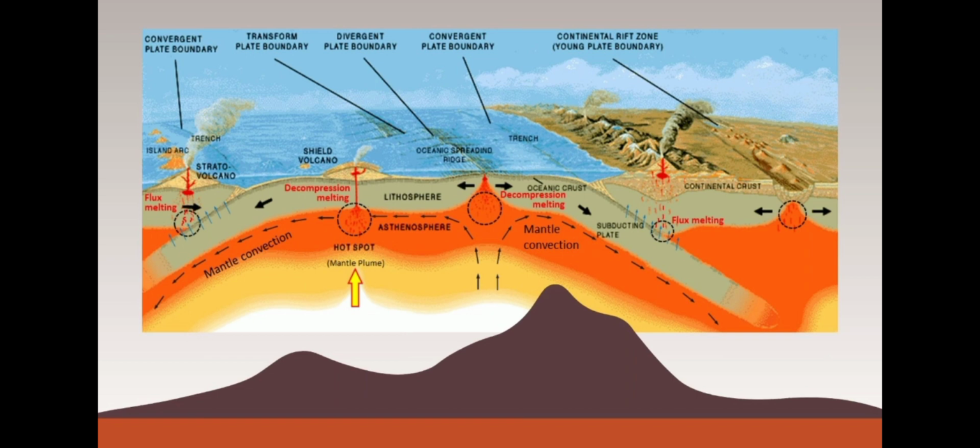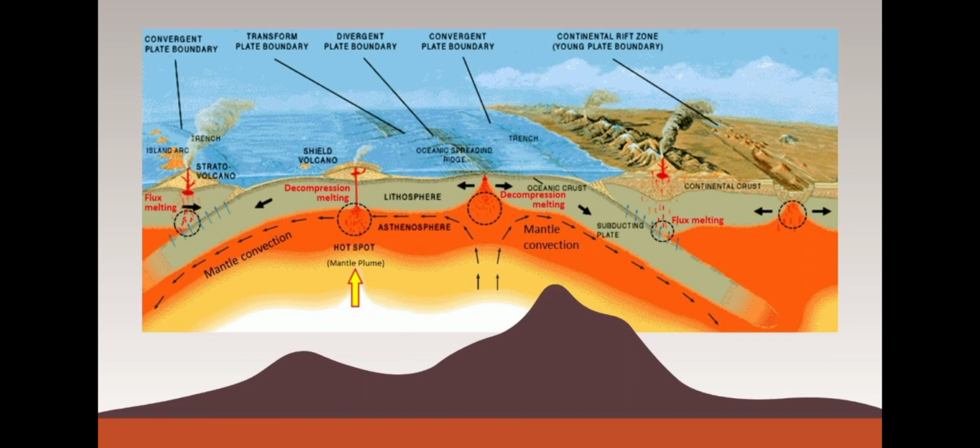So at the mid-oceanic ridges, the two plate boundaries are separating from each other, which makes the magma fill the gap between the two plates. As it ascends, the pressure decreases, leading to its melting.